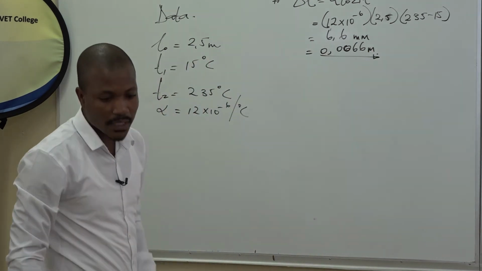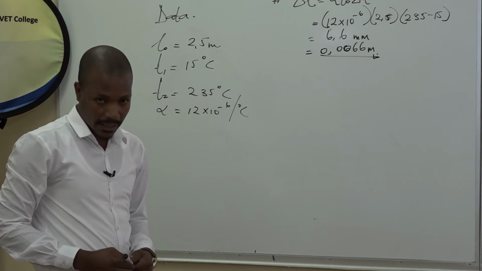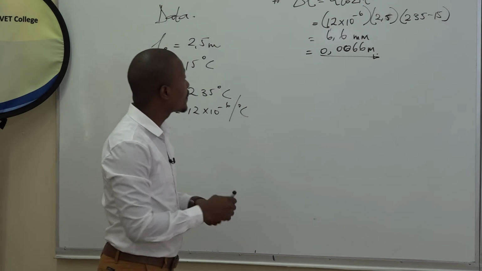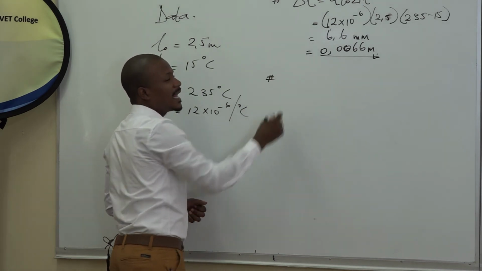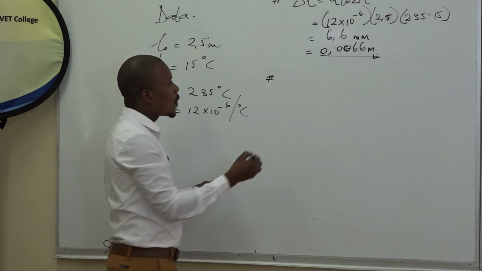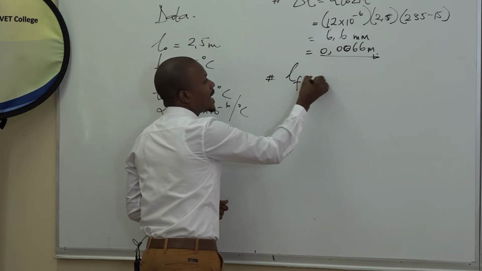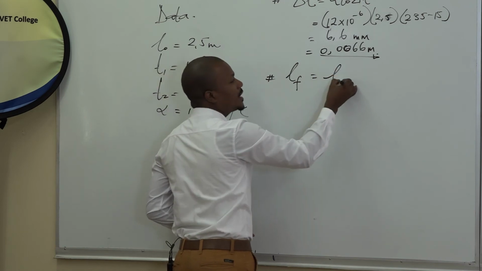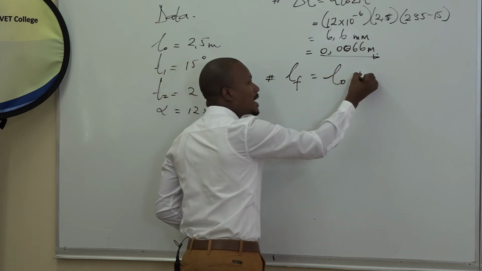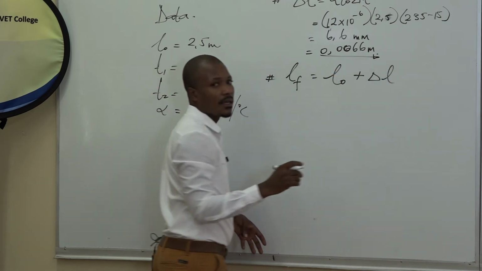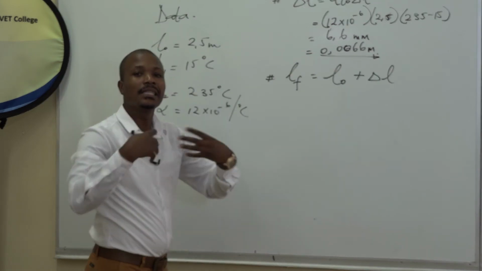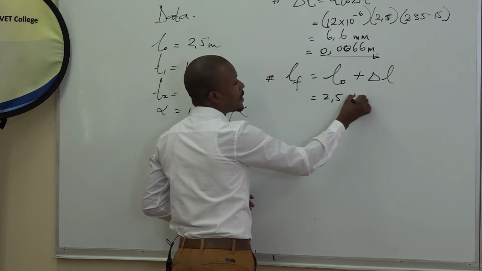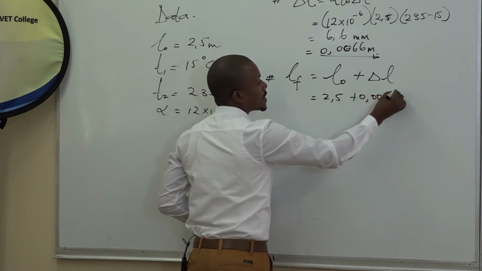And then the next question, they want us to calculate the final length, right? This is the increase in length. Now we're looking for the final length. If the length increased, what will the final length be? This means that the final length will be the original length plus the change in length, because this thing has increased in length. 2.5 plus 0.0066.